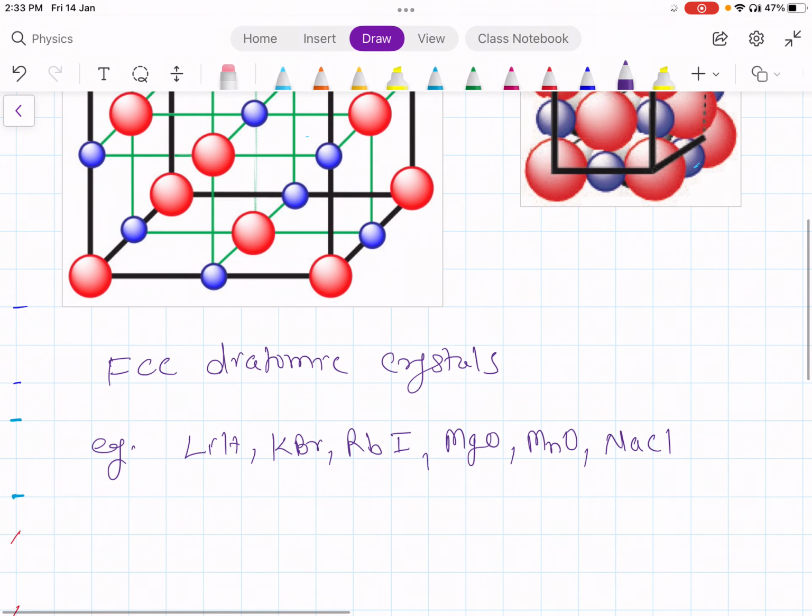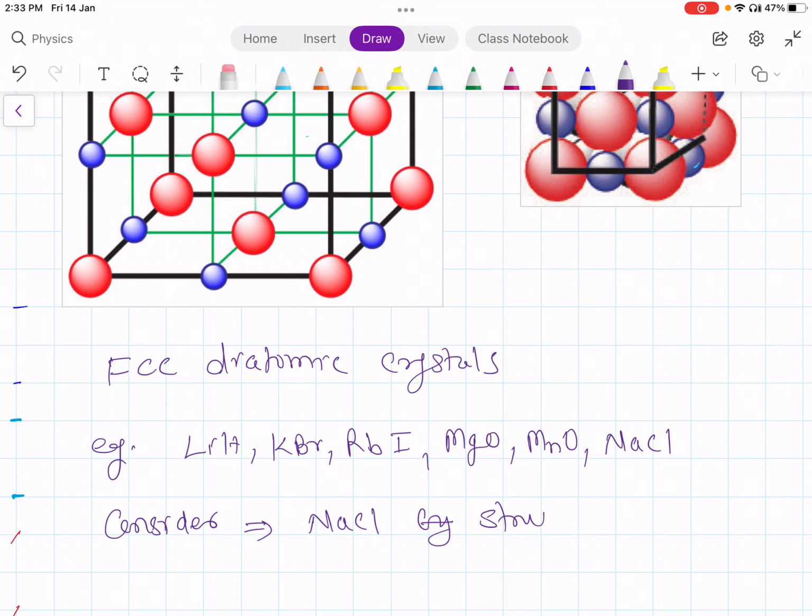Out of these examples, we are considering NaCl crystal, or NaCl structure, for explanation purposes.